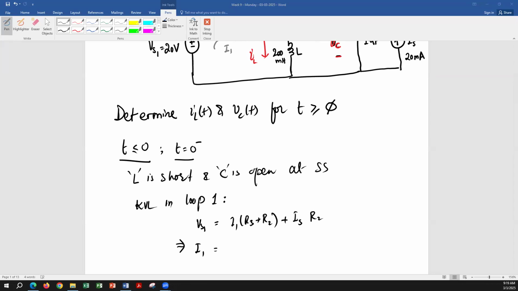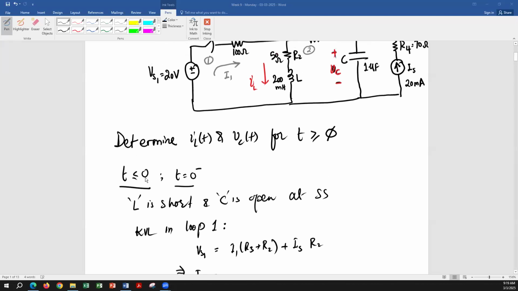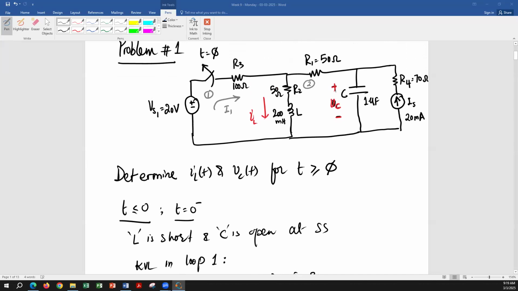Okay, let's open Octave. VS1 equals 20, R3 equals 100, R2 equals 50, L is equal to 200 exponent negative 3, R1 is equal to 50, C equals 1 microfarad, so 1 exponent negative 6, and IS equals 20 milliampere.